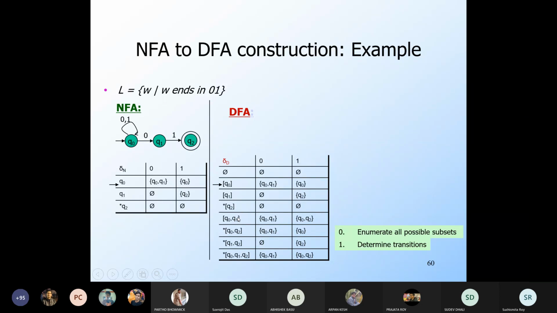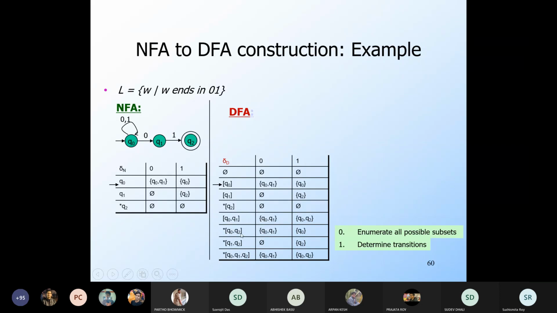From Q0 on 0, you have a transition to Q0 itself and also Q1. So put Q0, Q1 in the destination. And from Q1, you do not have a transition on 0. So no other state is added. So the subset will be Q0, Q1.